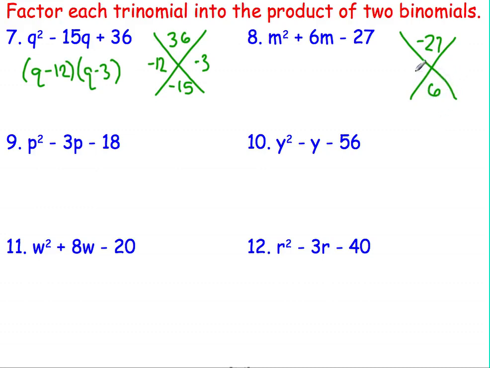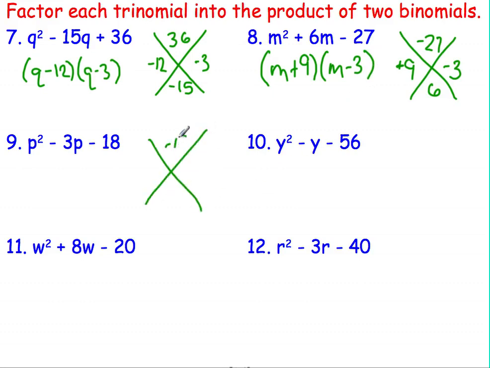So if I have positive 9 and negative 3, those two numbers multiply to give me negative 27, and they add together to give me 6. If I would have switched this around and had negative 9 and positive 3, that would have given me a negative 6. So you really got to watch the signs. This is really attention to detail type stuff here. So make sure you're paying attention.